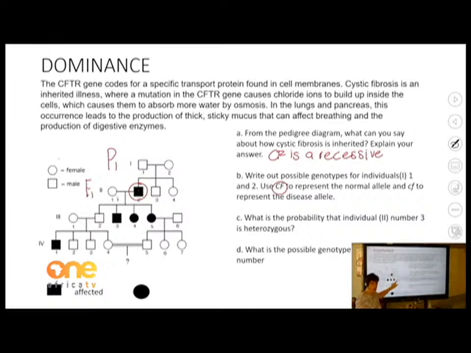So 1 out of 3 is my explanation of the offspring, and the parents, although they are unaffected, did produce an offspring that has cystic fibrosis. Therefore, it is a recessive allele.